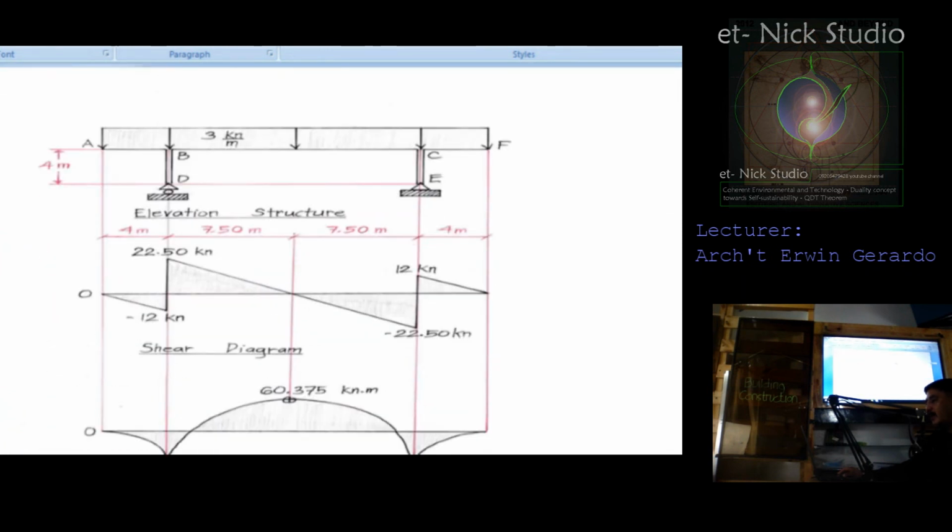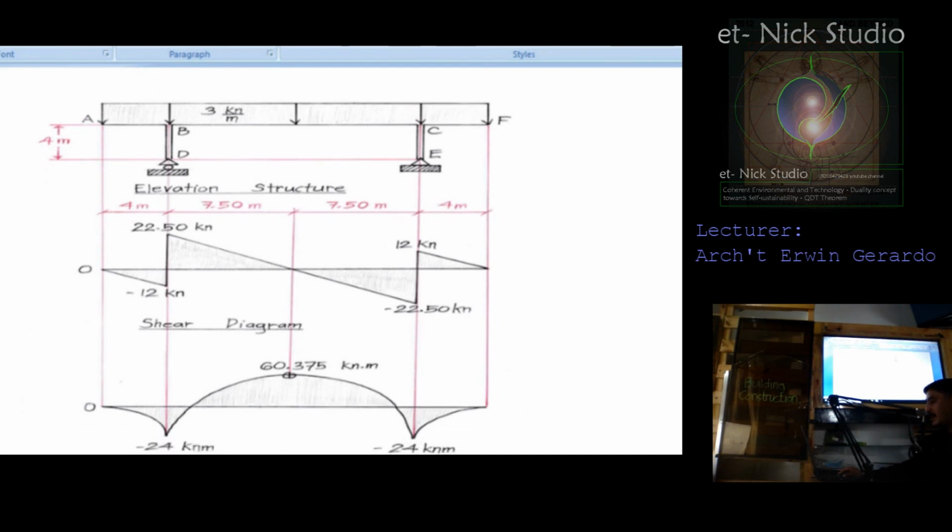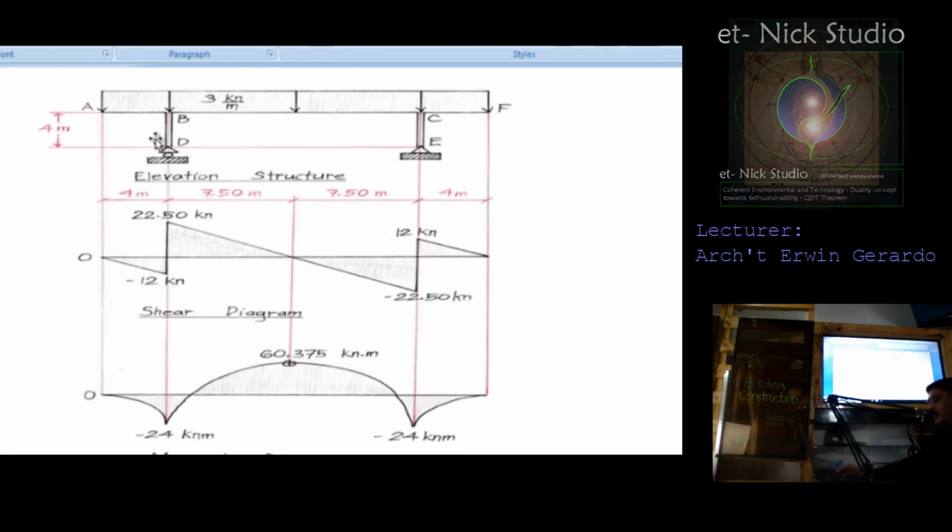Now if we complete the figure, this is the complete figure of what we had solved for the cantilever beam and simply supported beam. So we need to translate the beam with the help of the free body diagram, afterwards the shear diagram, then the moment diagram.